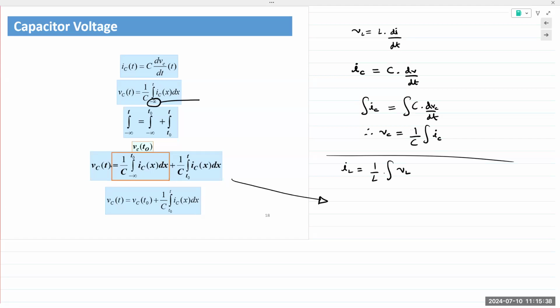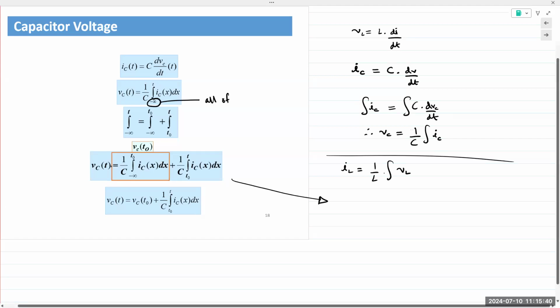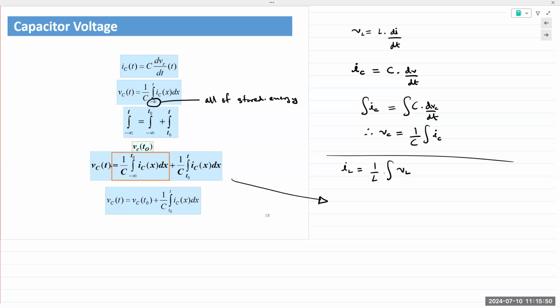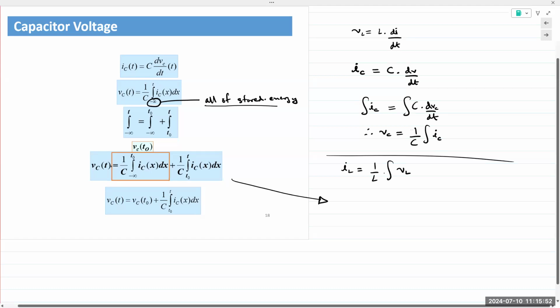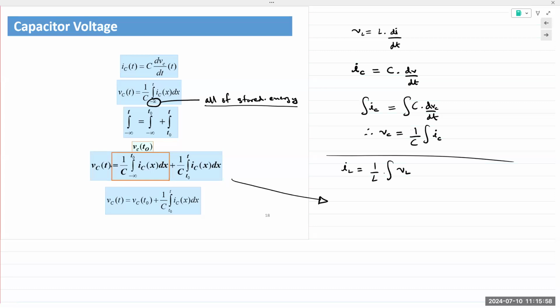It is simply all of the stored energy or all of the stored current. Okay, so you integrate the current to find all of the stored energy from the beginning. Now we don't know what the beginning is, so it basically just means the initial stored energy.